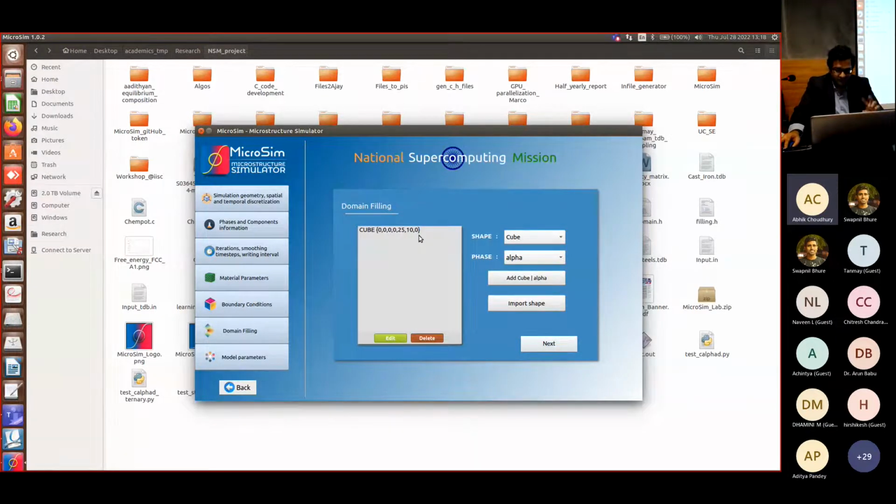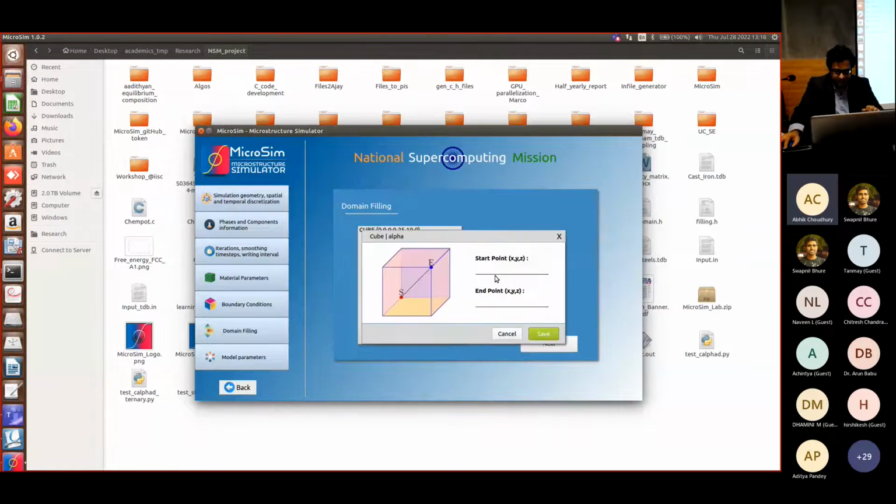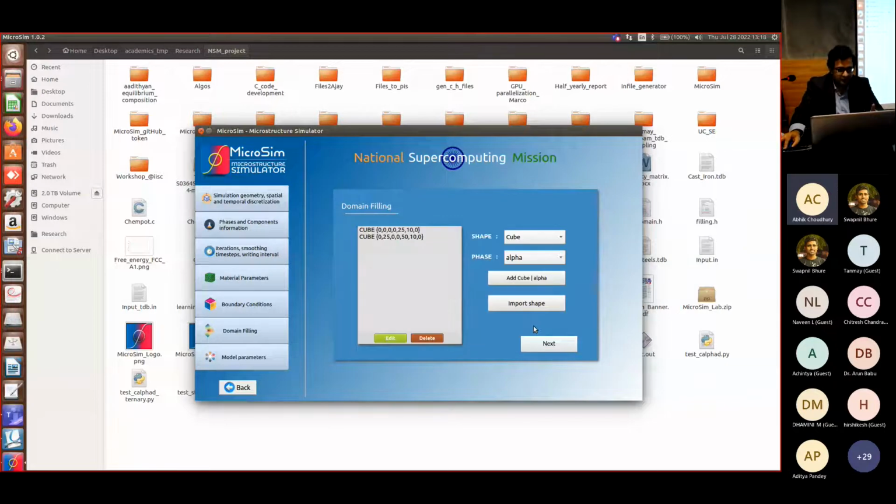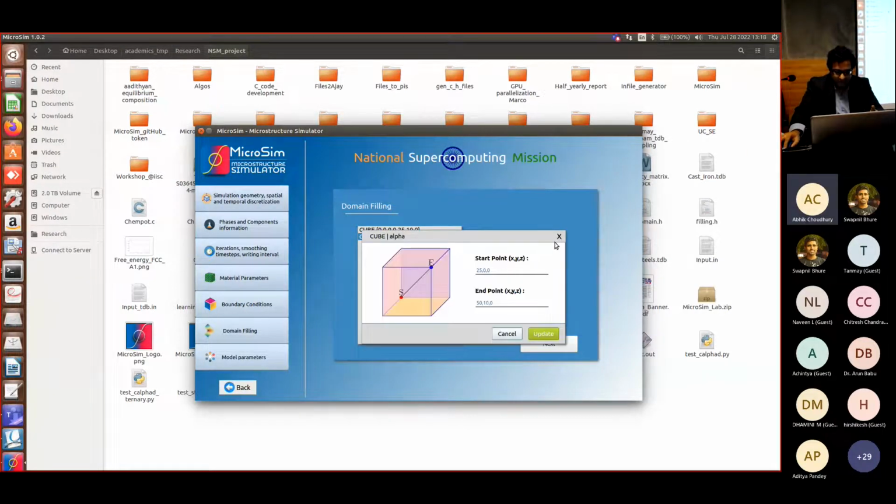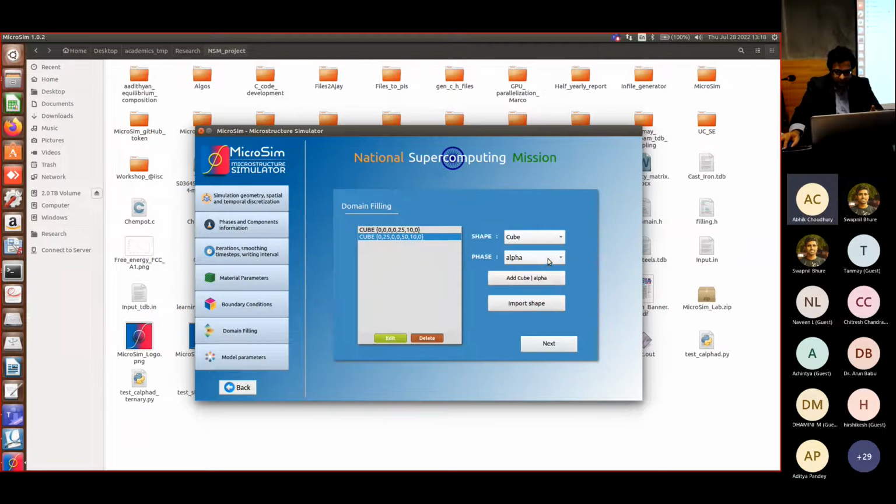Now I can add a cube because I need to fill 2 phases. The starting point here is now the end point of the alpha phase, which is the corner of the alpha phase. So this will be 25, 0, 0, and it will go on to 50, 10, 0. OK. So this is what it will get filled up. Oh, sorry, so you can go and edit. OK, let's say I do edit. So you can do beta and edit.